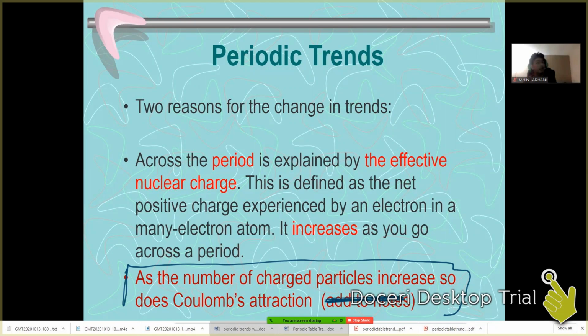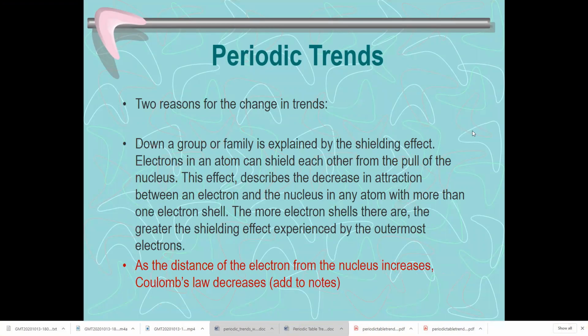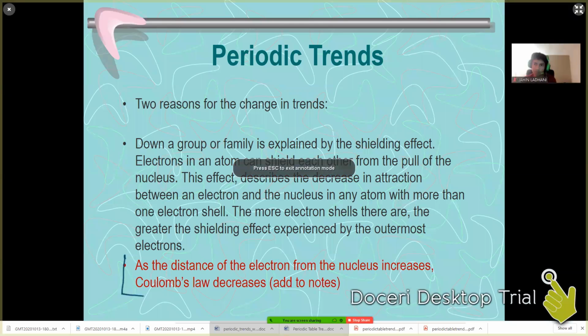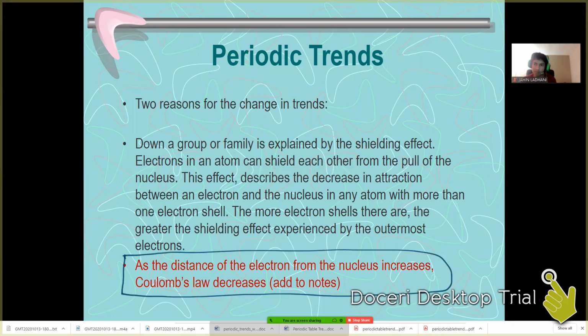All right. Now this one talks about shielding. So this part down here in red needs to be added after shielding, which is actually in part 1. So like I said, they're a little bit out of order.